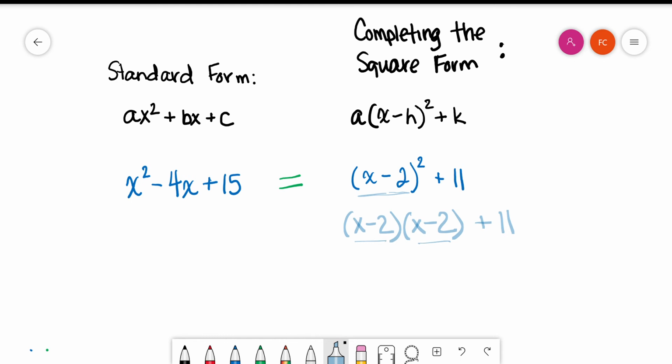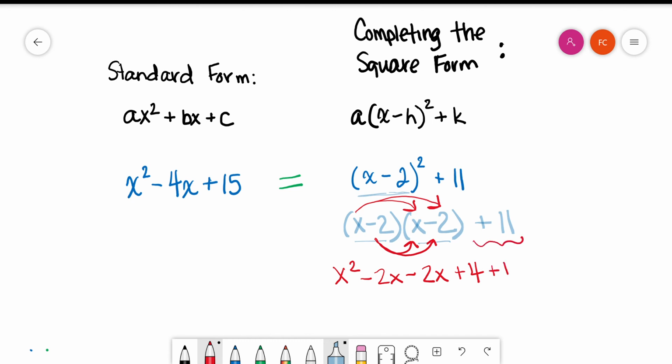So now that I've written it this way, I'm going to do some distributive property here. I'm going to do x times x, and I get x squared. I'm going to do x times negative 2, which gets me negative 2x. I'm going to do negative 2 times x, which gets me negative 2x. And I'm going to do negative 2 times negative 2, which gets me positive 4. Don't forget to bring down this plus 11, though. Okay, so I'm going to bring that down as well.